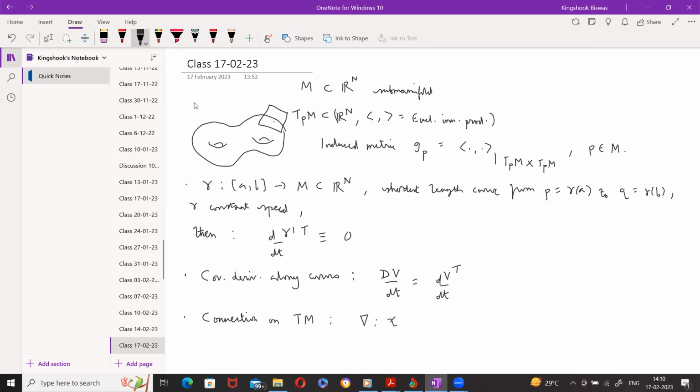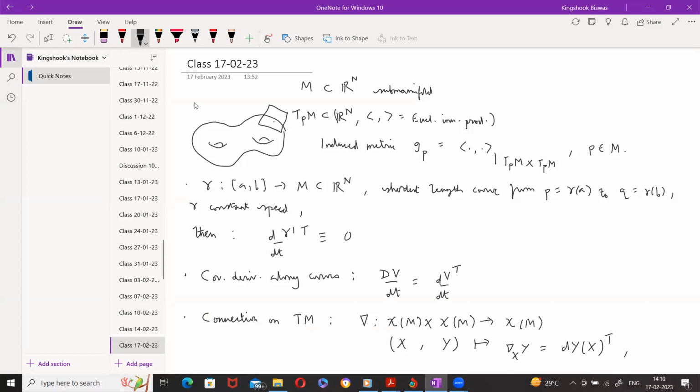So this will go from X(M) cross X(M) to X(M). (X, Y) goes to nabla_X Y, which is, so you take the derivative of Y acting on X and then take its tangential component, right?